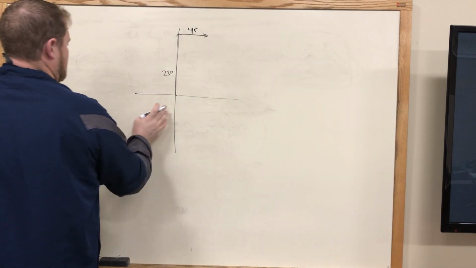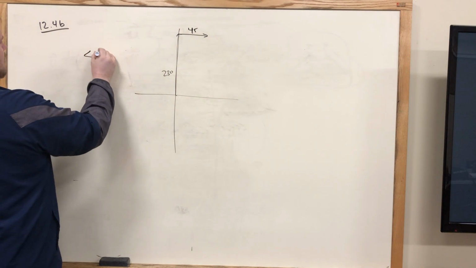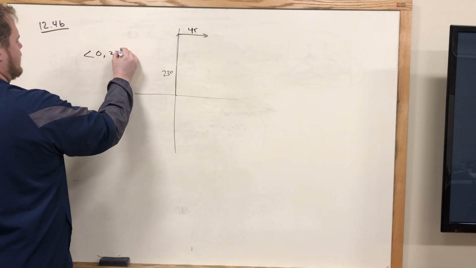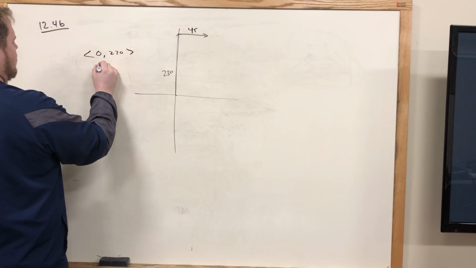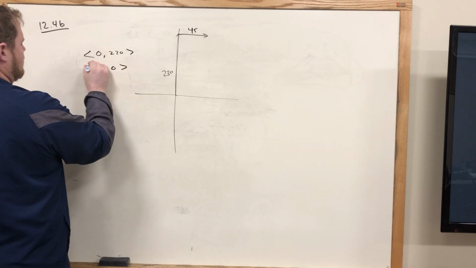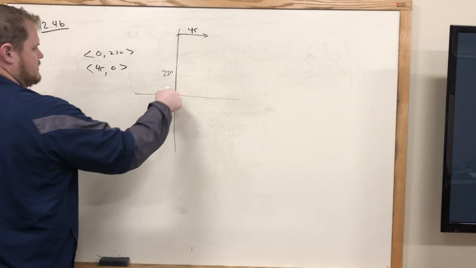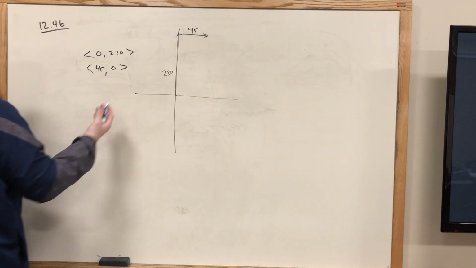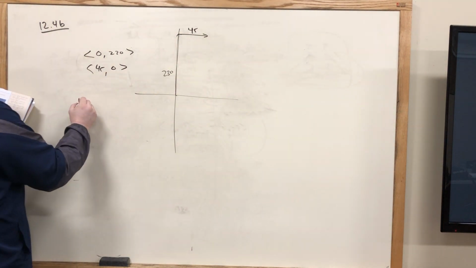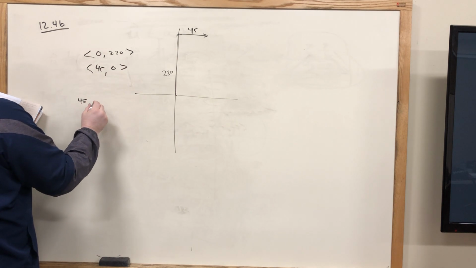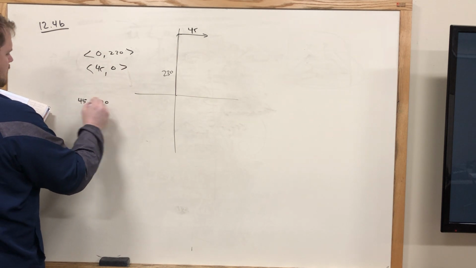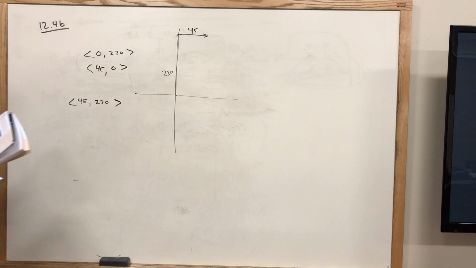So 0, 230, and 45, 0. Adding those two together, because this is P and that's W, what do we get? 45, 230. Good.